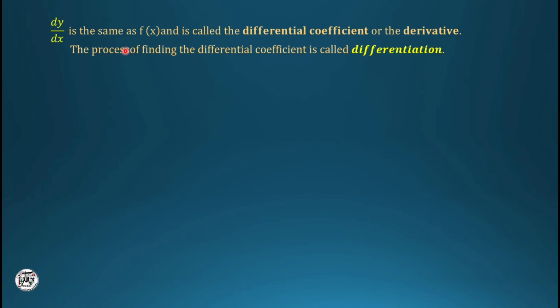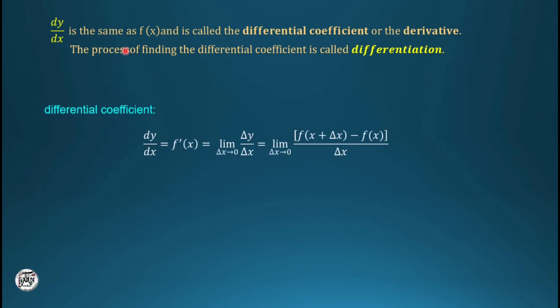So this is the formula: dy over dx is equal to the first derivative f prime of x, which is equal to the limit of delta y over delta x where delta x approaches 0, or equal to the limit of f of x plus delta x minus f of x over delta x.